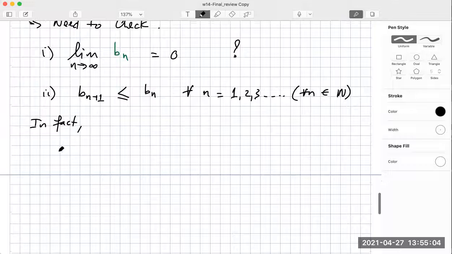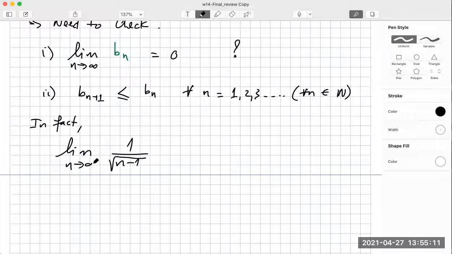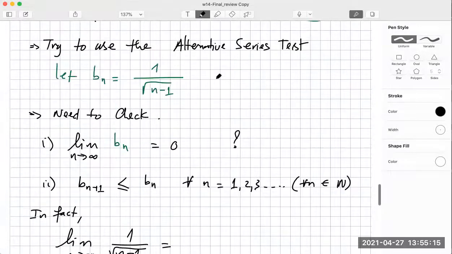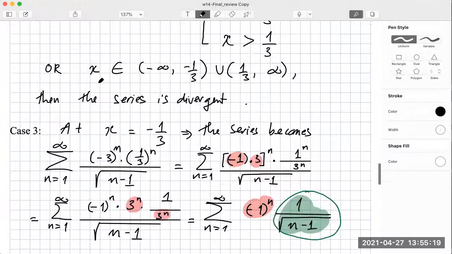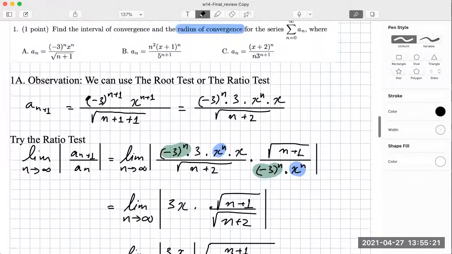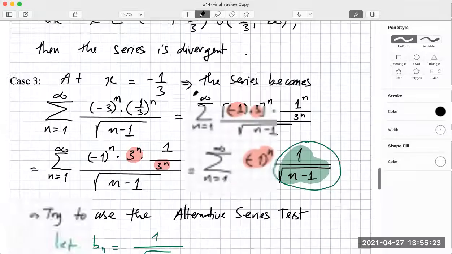It is clear that the limit of 1 over square root of n minus 1, when n becomes... sorry, my bad. From definition, it is positive, right? First one, my bad.